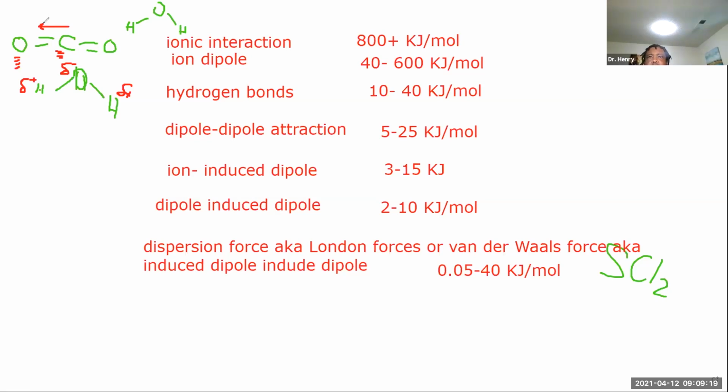Because the oxygens are on both ends, the electrons are being pulled one way, then the other way, and so they're constantly being pulled in both directions, right? But you can induce it. You can cause it to stay a little bit more over here for a little bit, but then it's going to get pulled back the other way because this guy's going to do the same thing over here. You understand?